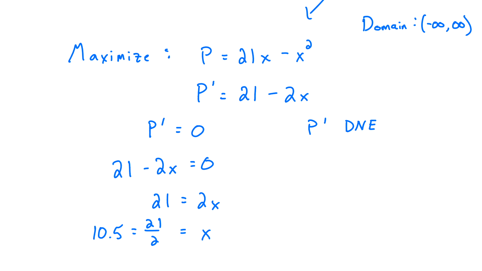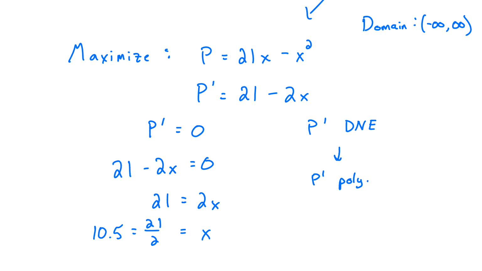The other case I need to consider here is places where p prime does not exist. But in this case, p prime, 21 minus 2x, that's a polynomial. So I'll just make a note to myself, p prime is a polynomial, so we don't really need to worry about that case. We're not going to come up with any extra critical numbers because of that case.